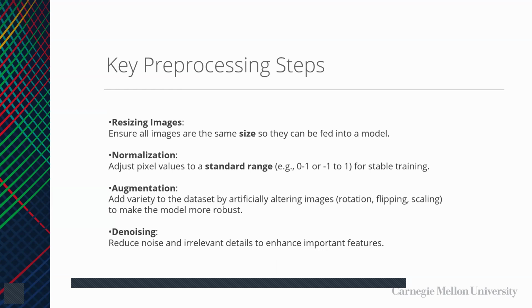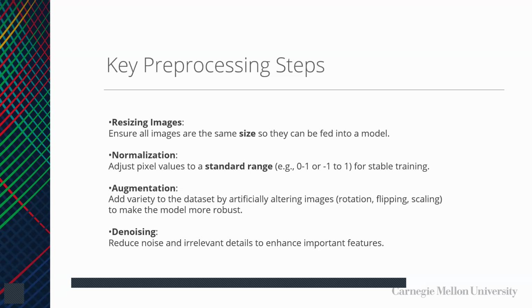So we have key pre-processing steps that we can use. We resize the images. Resizing just makes sure all the images are the same size, so they can be fed to the model, because the model usually expects a certain size.